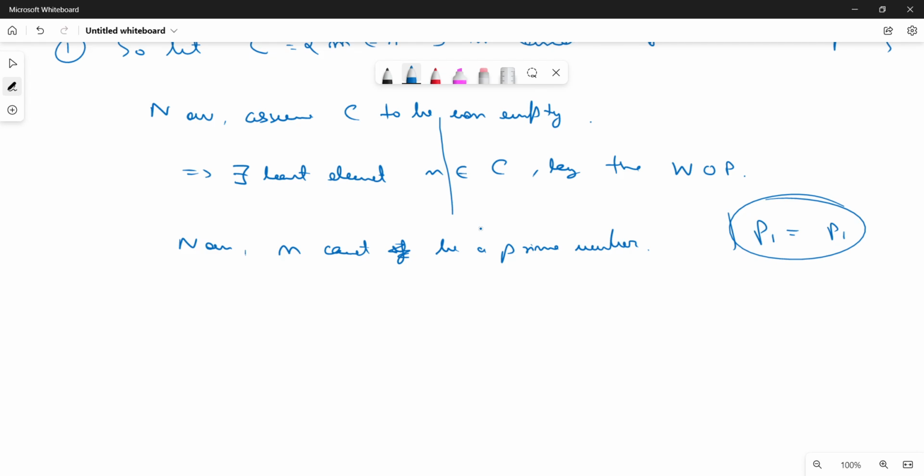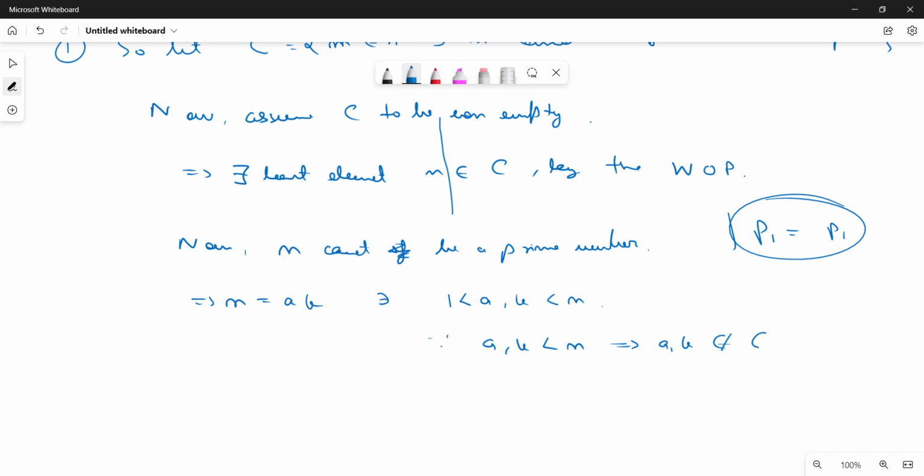Now, if n is not a prime number, by the definition of prime number, it is a number whose only factorization is 1 times the number itself. So n is the product of two numbers a and b, such that 1 is less than a and b, and a and b are less than n.